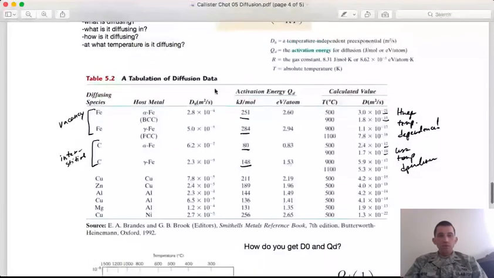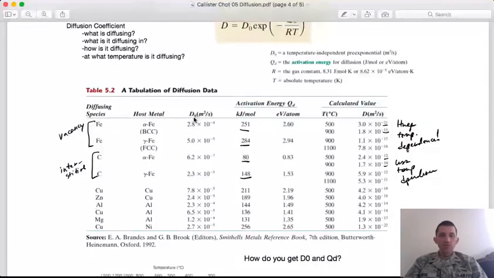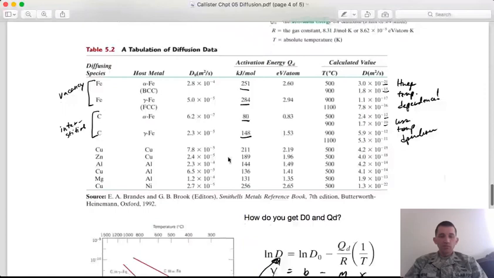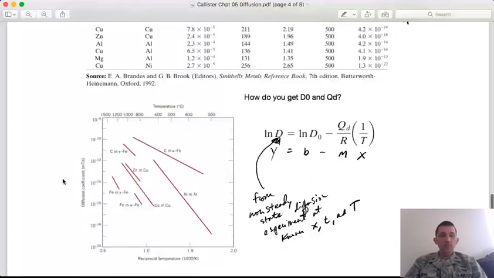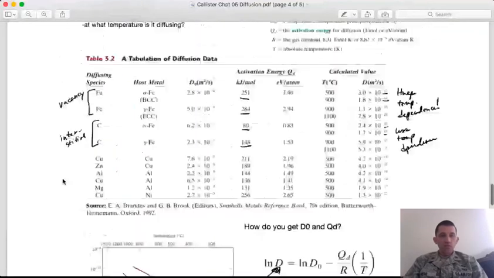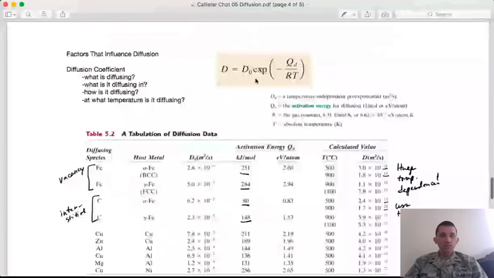Looking at these trends is all well and good if we have these numbers. If we have the activation energy and the pre-exponential factor D naught, we can make these conclusions. But how do we get those numbers? The answer to that is through experimentation. If you take this expression here for D, you can manipulate that into a point slope formula to draw a line.